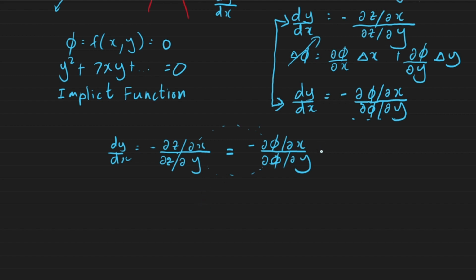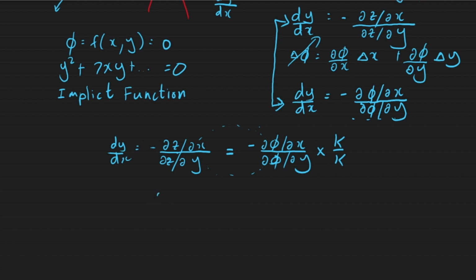If I multiply either side by any number, for example 5 over 5, I'm multiplying it by 1, but there will be a 5 in the numerator and a 5 in the denominator. I could do this for any number, for example k over k, and this equation will still hold true because I'm multiplying it by 1.